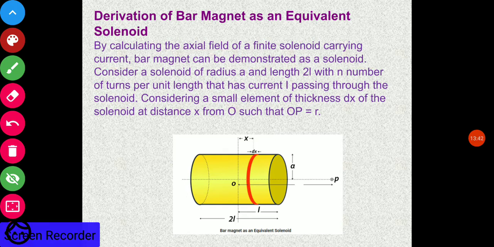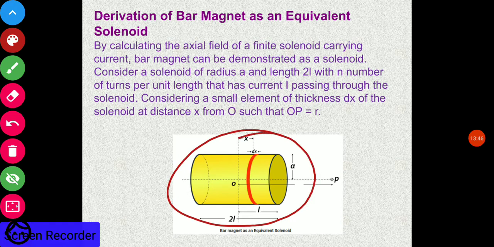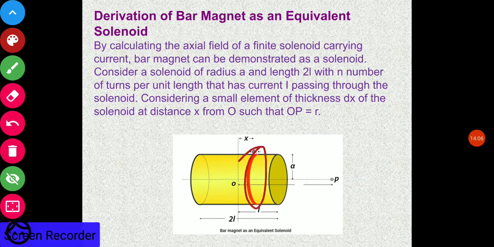So for this, let us consider that this is a solenoid. This is the axis, and P is a point along the axis at a distance r from the center of the solenoid. Now we want to find the magnetic field at this point. For this, let us consider a ring. The ring is shown in red color.